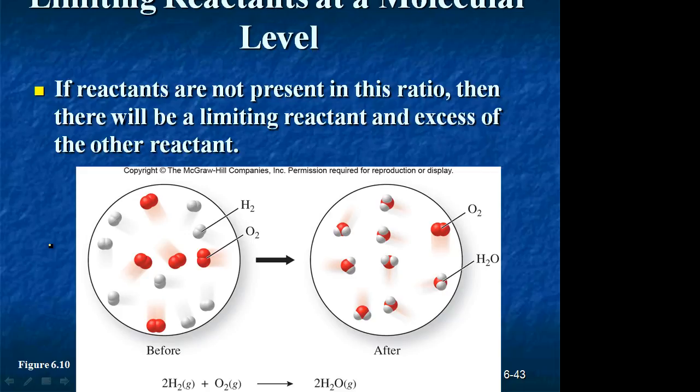And when they react in that ratio, you get 2 molecules of water as the product. So if you have 5 oxygens in the picture, ideally how many molecules of hydrogen do you need for a complete reaction? 10, because the ratio is 1 molecule of oxygen with 2 molecules of hydrogen, right? So 5 molecules of oxygen means you need 10 molecules of hydrogen. Do you have 10 molecules of hydrogen there?